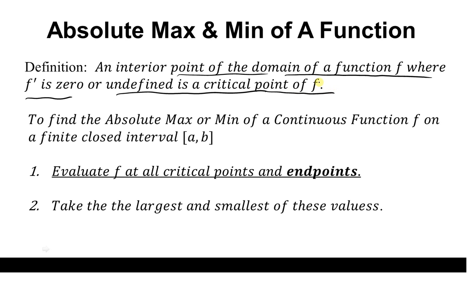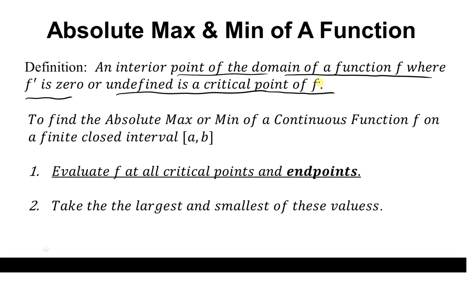In fact, in the previous example, you saw that x equals 0 was a critical point where the derivative was 0, and in the second one, 0 was a critical point where the derivative was undefined.